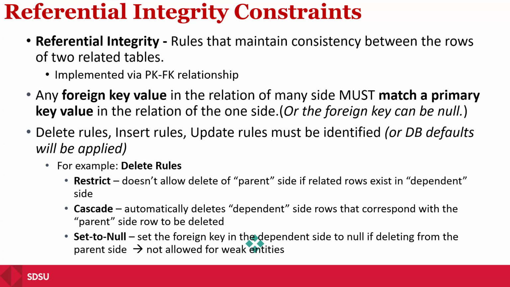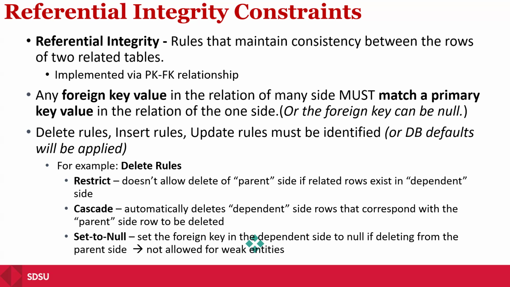So one student can take many courses, right? So in this case, the foreign key is going to sit on the student side. So the foreign key course ID is going to sit on the student side, and we are going to have many courses on this many side of the relationship.